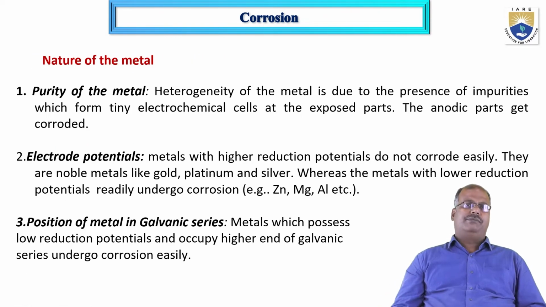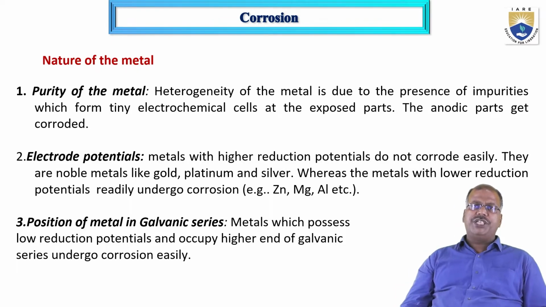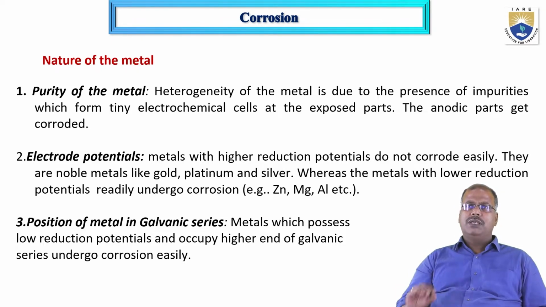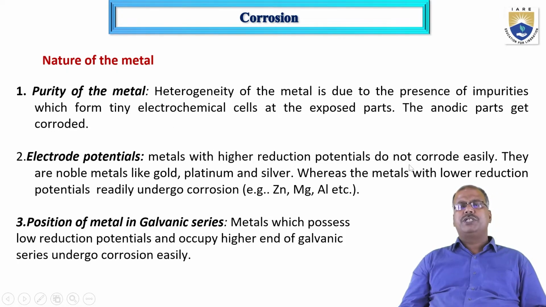Purity: normally heterogeneity of the metal, that means metal having some impurities, will undergo more corrosion because it forms tiny electrochemical cells at the exposed parts. If the metal is pure without any heterogeneity, it doesn't undergo corrosion. Electrode potential: metals with higher reduction potentials do not corrode easily. They are noble metals like gold, platinum, silver.